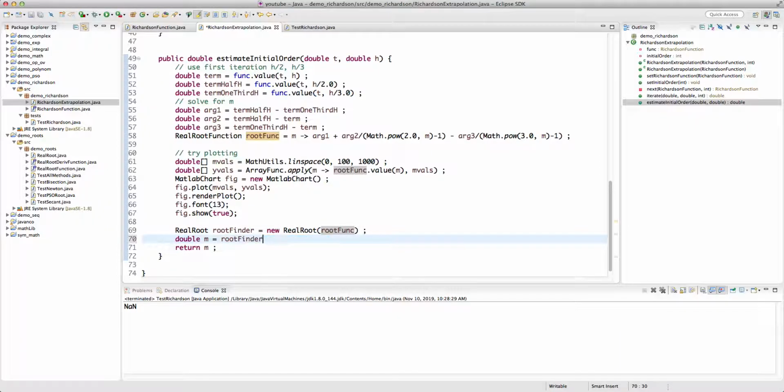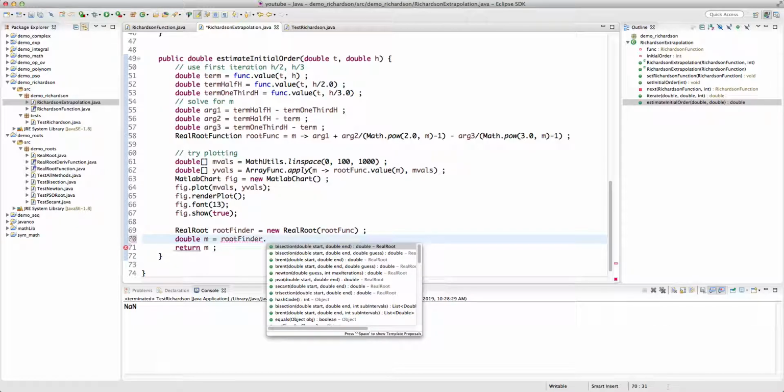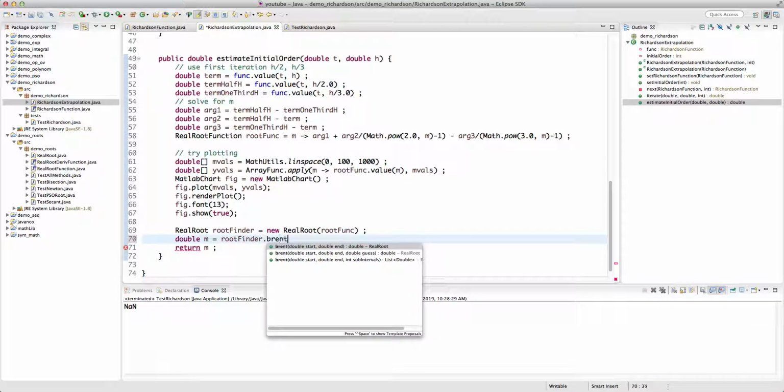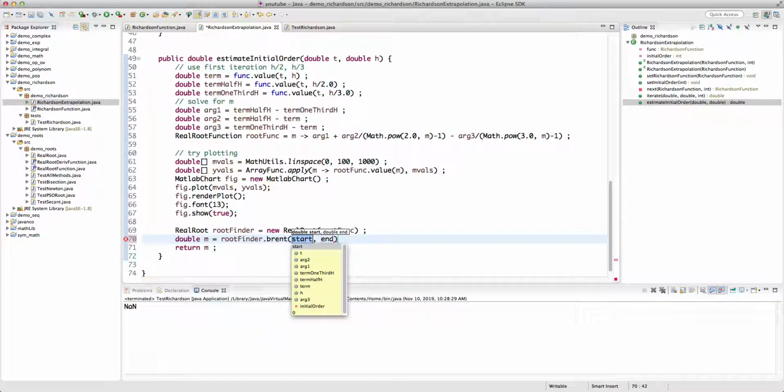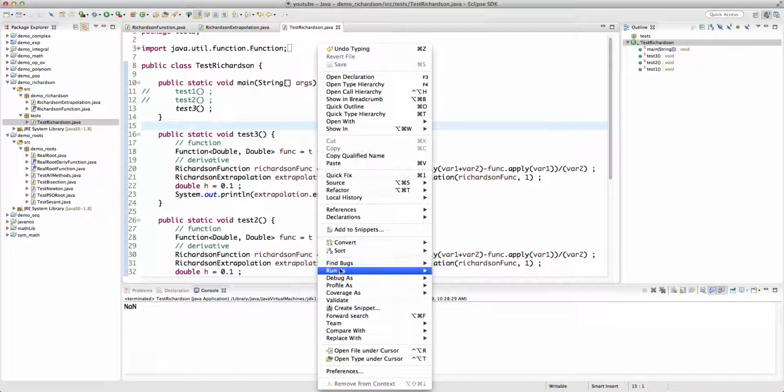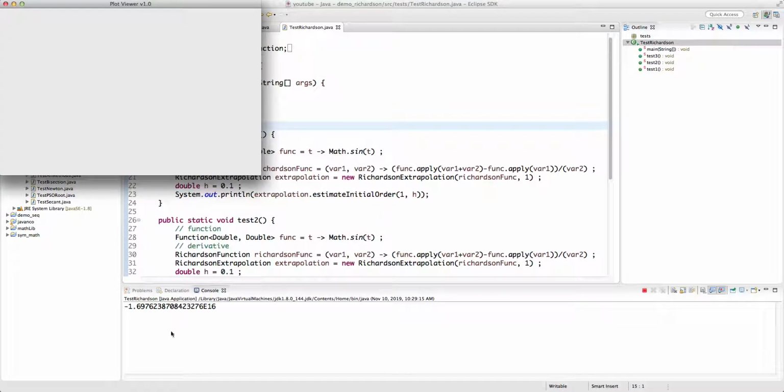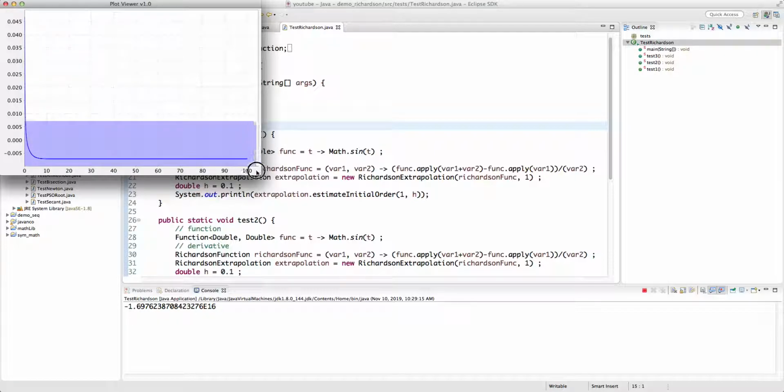Let's try another method maybe. So let's try Brent from 0.1 to 100. I guess this requires that we do have a bracket around the root, and so definitely it's not able to find it.